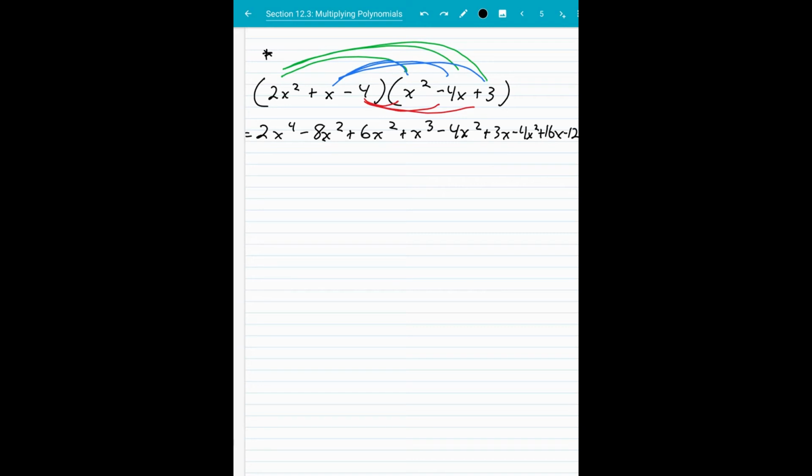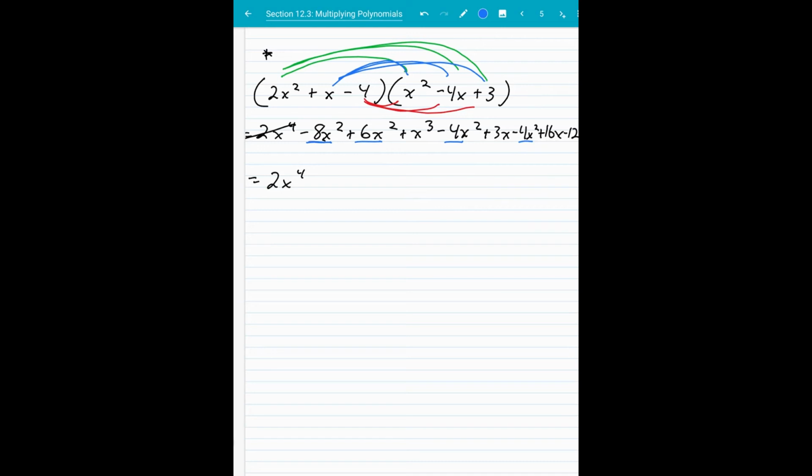So let's go ahead and start combining like terms. And this one I'm probably going to cross out stuff after I'm done with it, to make it easier. There aren't any other 2x to the fourths, so that one's gone. Let's look for the next one, x squared. Oh, here's an x squared right here. And then we have an x squared right here and right here.